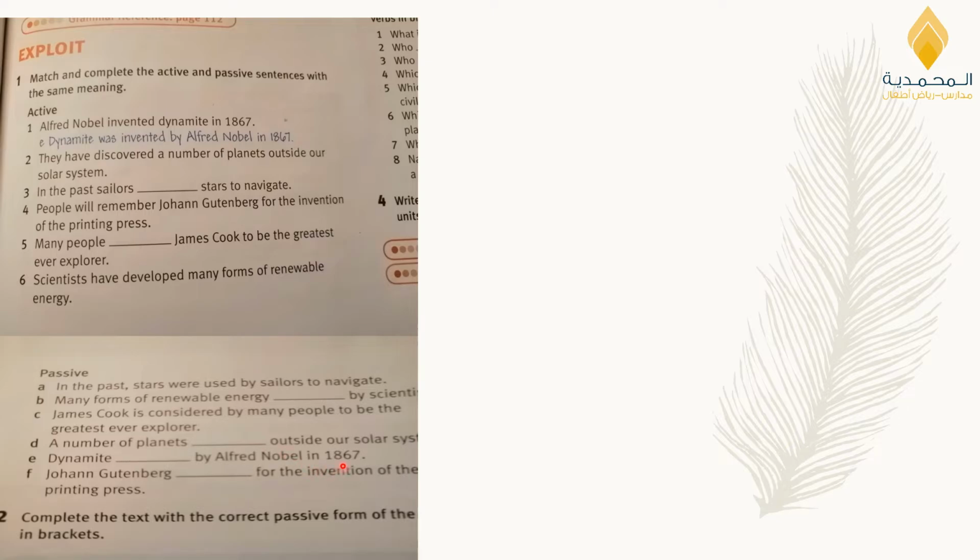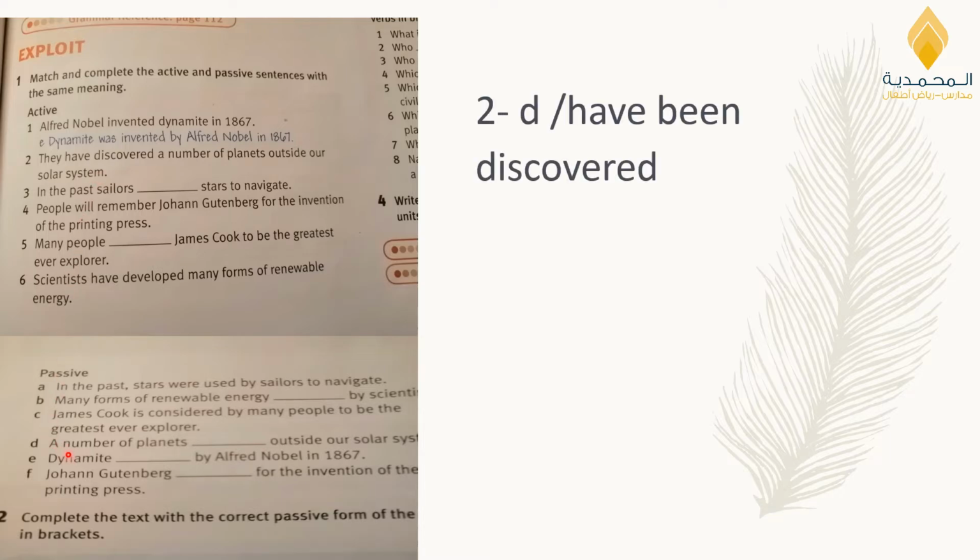Number 2. They have discovered a number of planets outside our solar system. What's the correct passive form? Let's see. So it would be D. A number of planets have been discovered. 3.